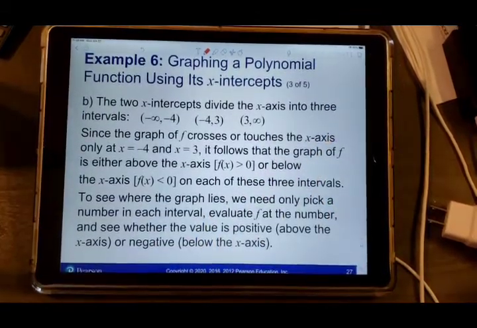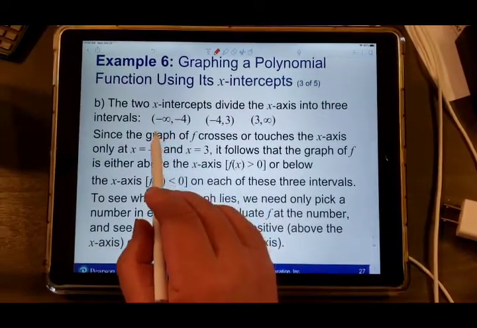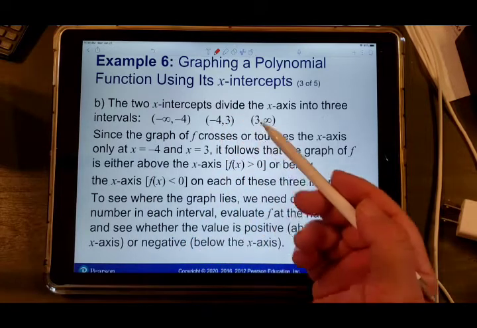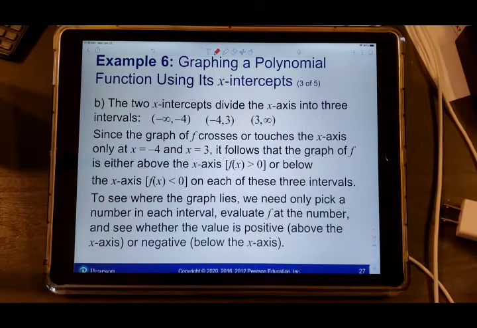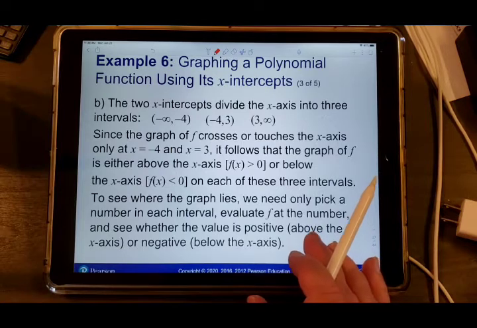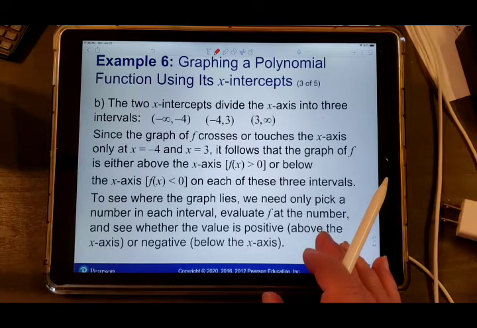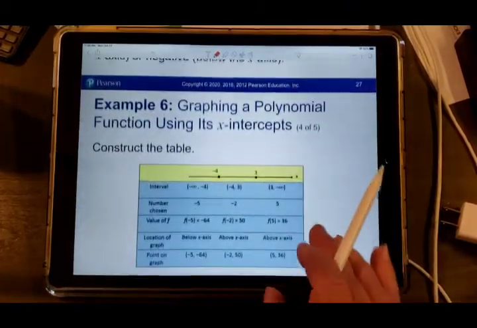The author does some analysis about when the graph is positive, when the graph is negative, when the graph is zero, essentially solving certain inequalities. It's not that you can't do that, but it might be information you don't need. In fact, almost always information you don't need to get a decent sketch.